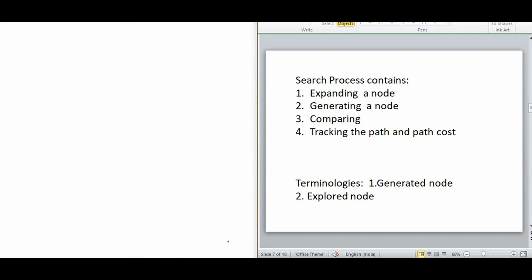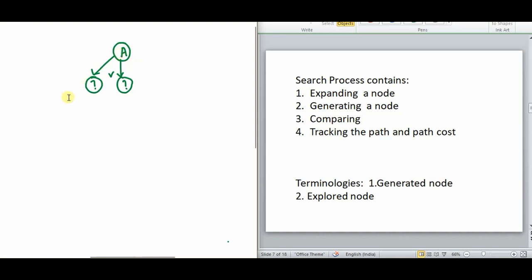Let's say initially we are in this particular state, say A. Expanding a node means finding out who are the immediate neighbors of this particular node. So that is called expanding a node, which means node A is expanded further to find out who are the immediate neighbors, who are the child nodes.